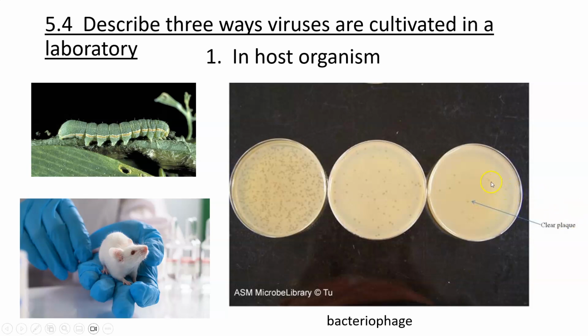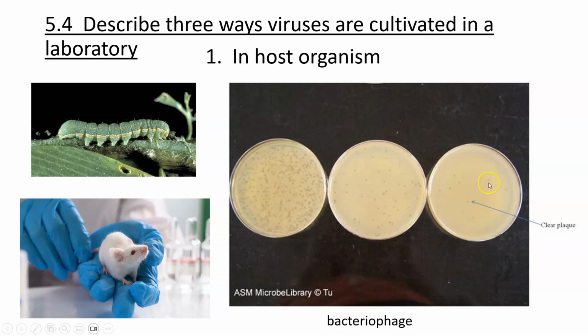So on this plate, a bacteriophage landed right there, got mixed with the bacterial cell right there, and then we let it incubate. The virus multiplied and multiplied. Remember, every time that virus multiplies and pops out of the cell, it kills the host cell.